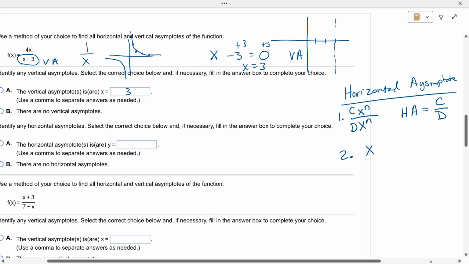If the numerator power is smaller than the denominator power, then your horizontal asymptote is at y equals 0. I should have y equals here.